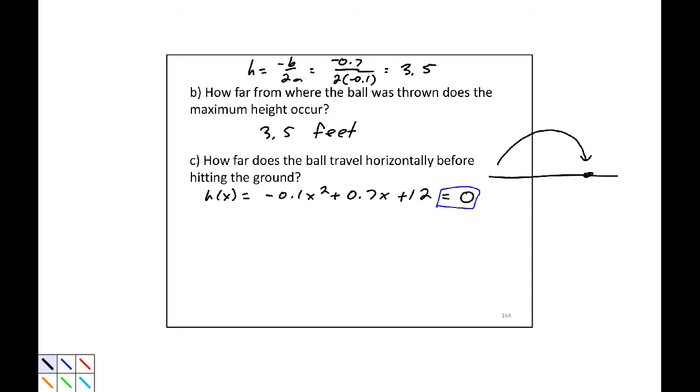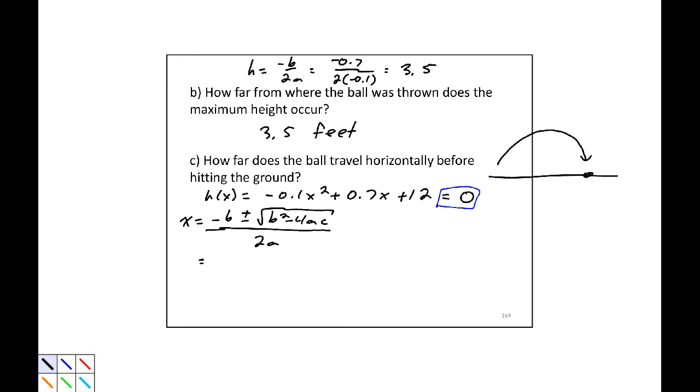We could attempt to factor this, but I don't feel like that would be a great plan. So let's use the quadratic formula. x equals negative b plus or minus the square root of b squared minus 4ac, all divided by 2a.